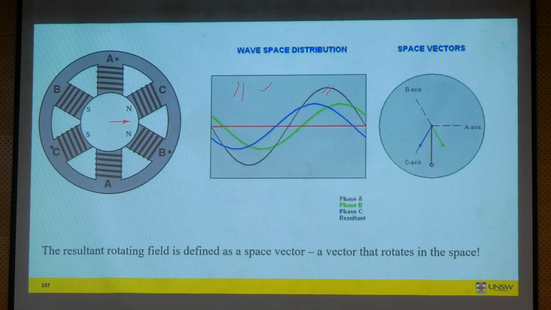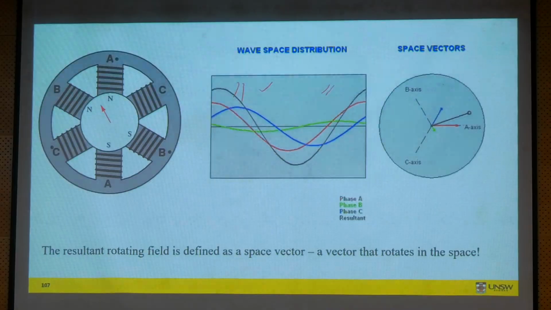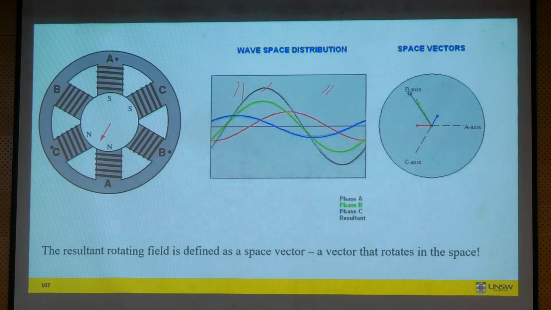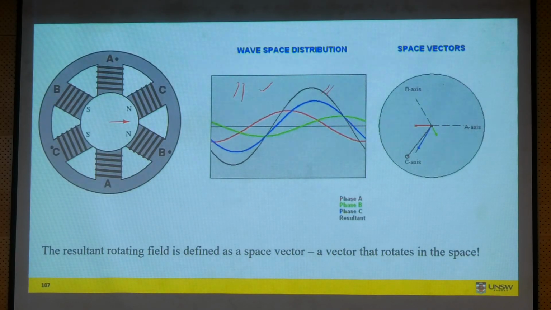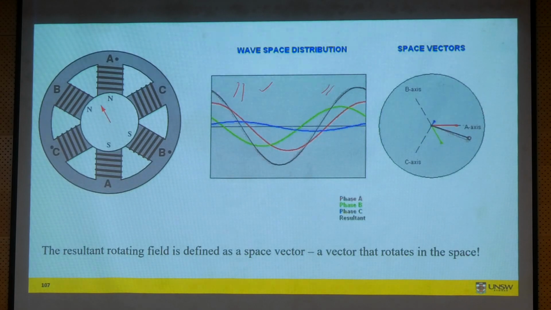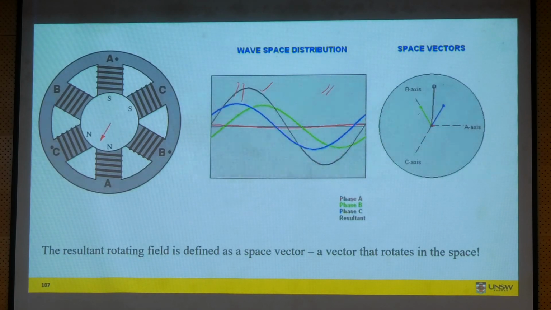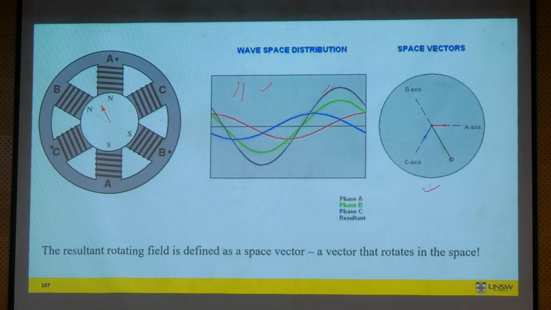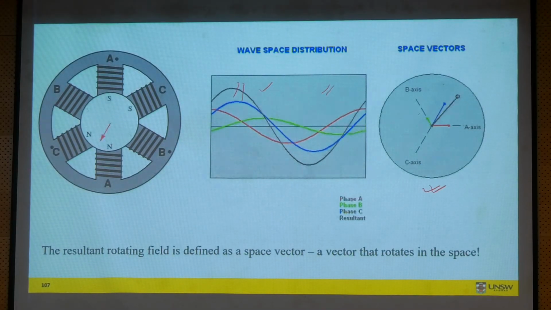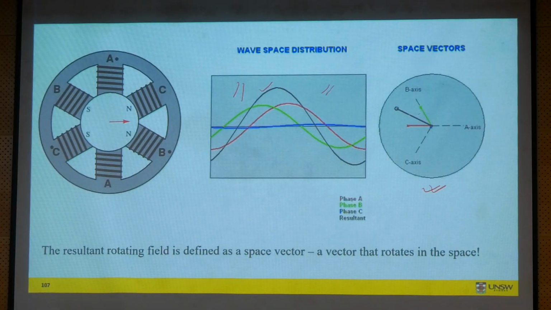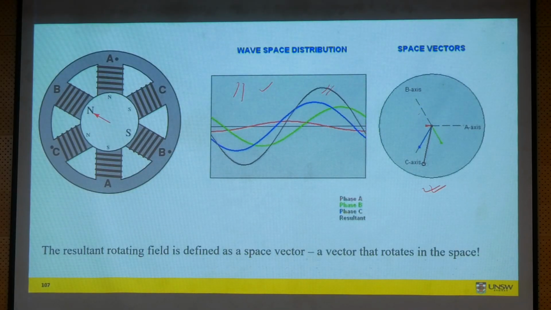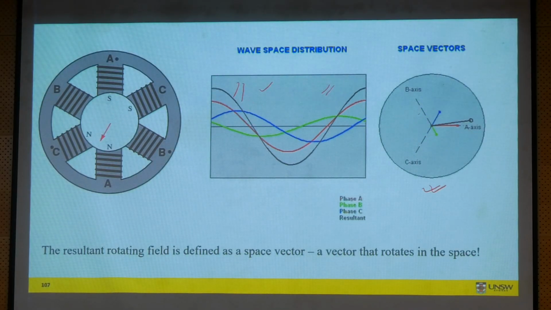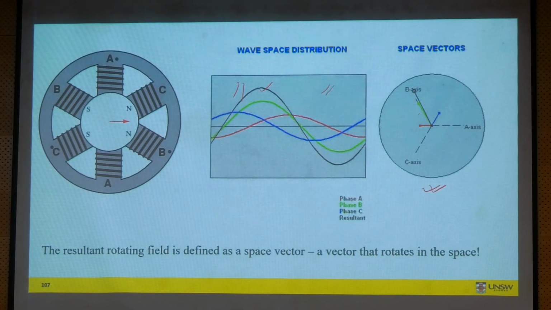It is simply the rotating magnetic field represented as a vector. So if we look at here, A, B, C is your three phases, when we are expressing it as phasors, and the resulted black one, which is rotating, you can see. So that's your space vector.